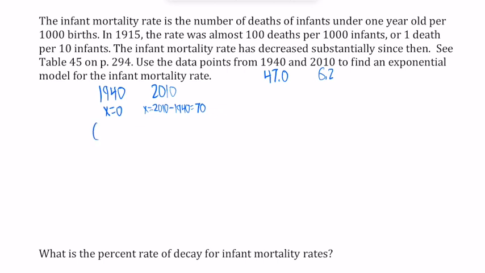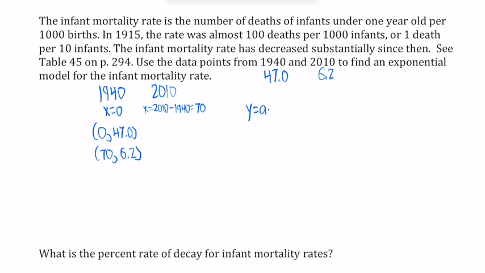So here we have the points (0, 47.0) and (70, 6.2), because in our starting year, the mortality rate was 47.0, and 70 years later, the mortality rate was 6.2. So those are the data points we're given, and we need to find an exponential model for that mortality rate.